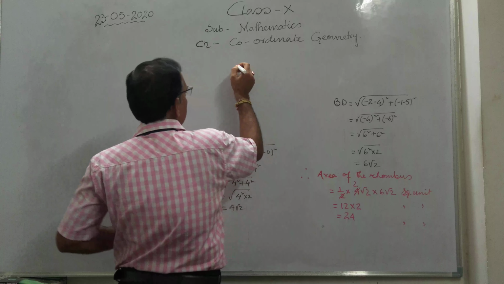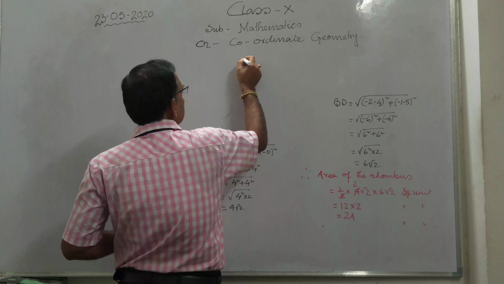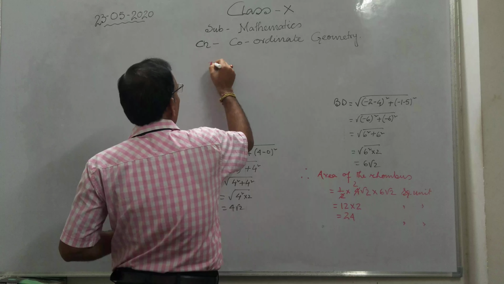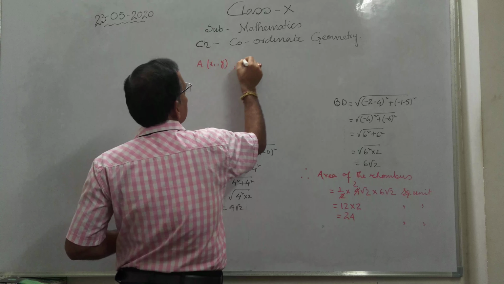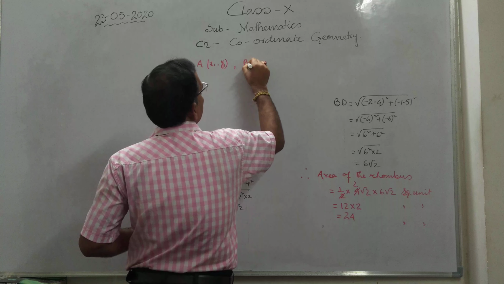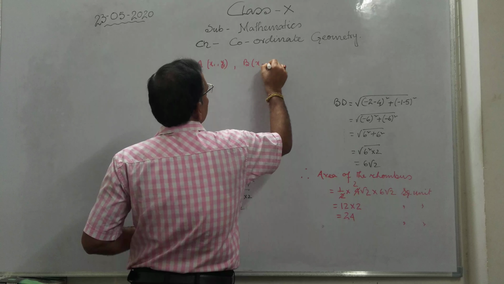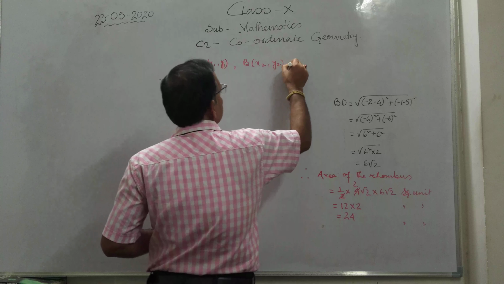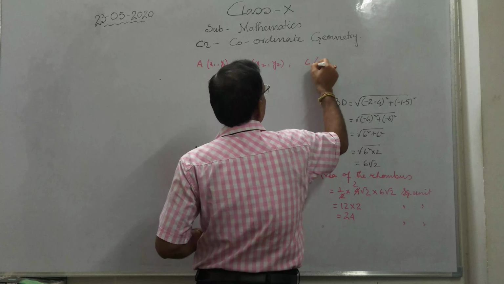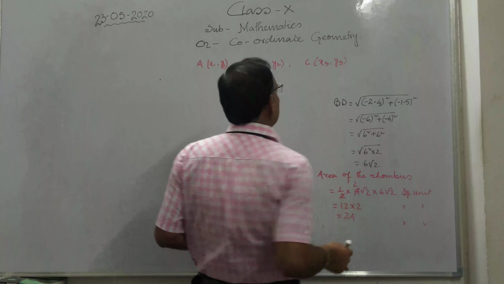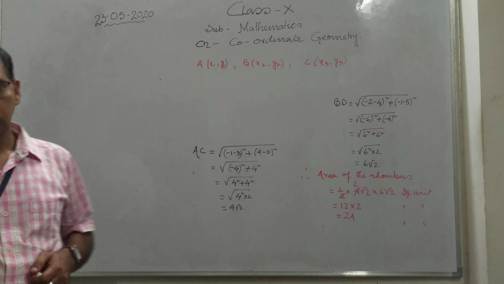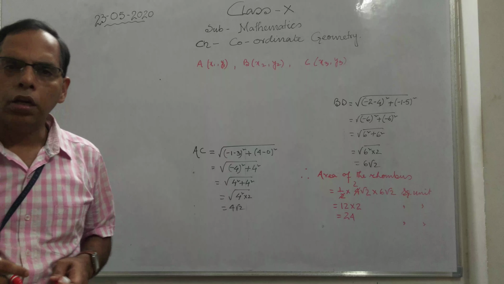Okay? So suppose x1 comma y1 is A, x2 comma y2 is B, and x3 comma y3 is C. These are the three coordinates, and you have to find the area of the triangle.